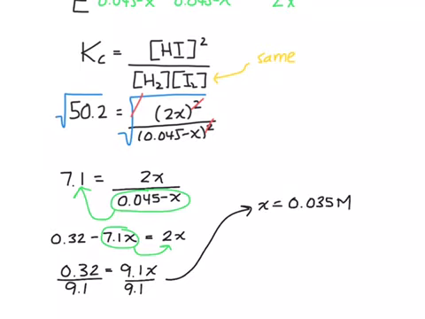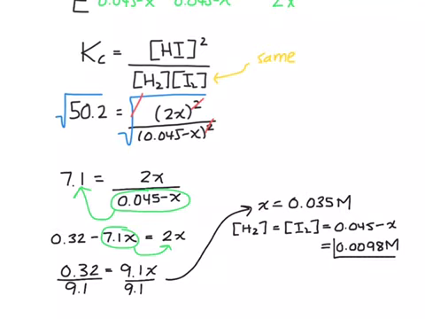Now the question is asking for the equilibrium concentrations. So the equilibrium concentration of hydrogen gas is equal to the equilibrium concentration of iodine gas, which is equal to 0.045 minus x. And so since we know what x is, we can plug in that number and we get 0.0098 molar.